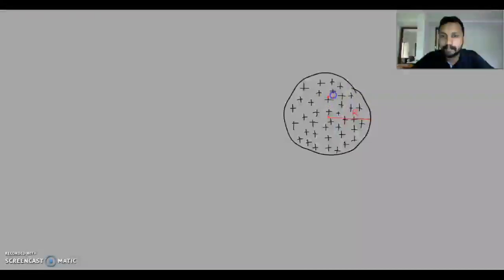Let me define a point A which is inside the sphere, at a distance, let us say small r, from the center. Our task is to find out the electric field intensity at this point.